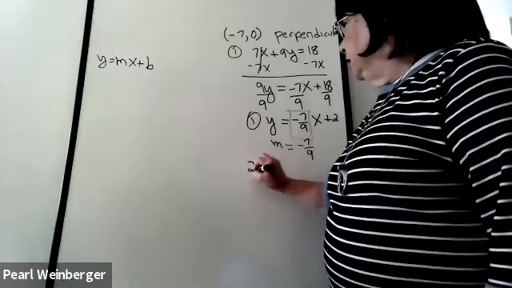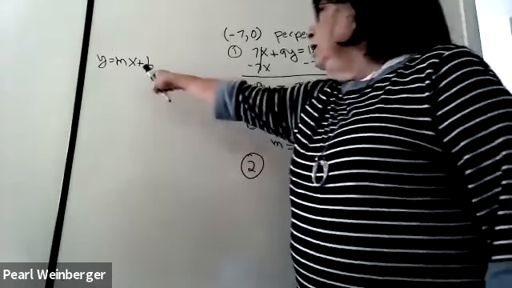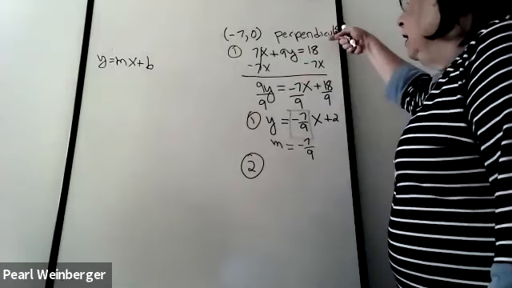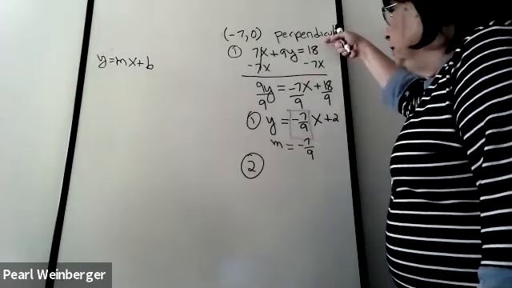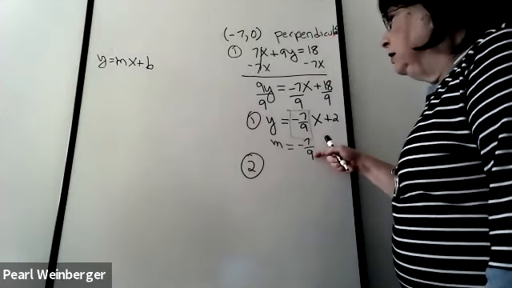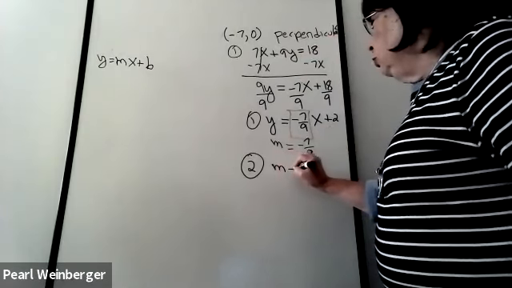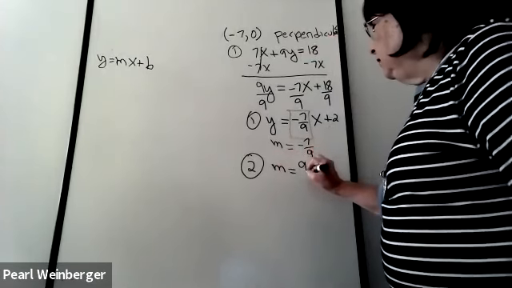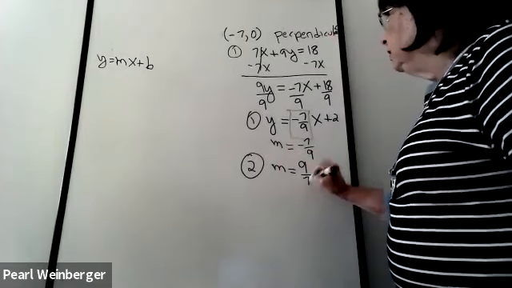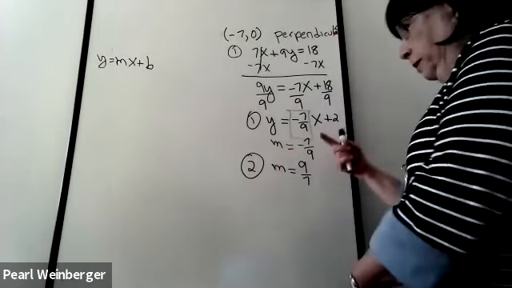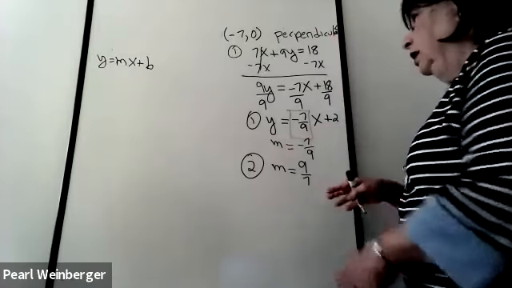So for line 2, the line that we're interested in writing, I know what its slope is going to be. In order for it to be perpendicular, its slope has to be the opposite reciprocal. So the slope of line 2 has to be +9 over 7. It has to be flipped over and switch signs.